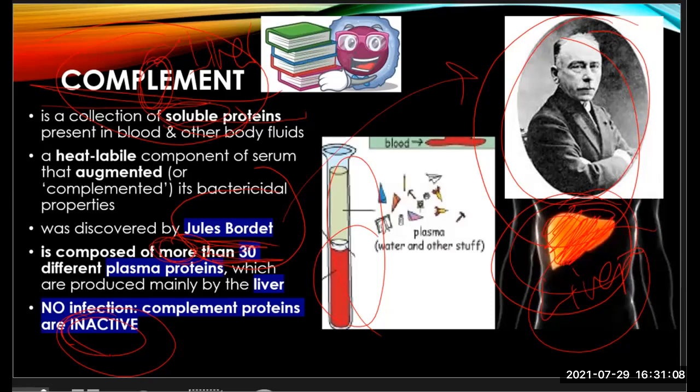Take note. But in the presence of pathogens or antibodies bound to pathogens, the complement system becomes activated. So that's the time that there is activation, in the presence of pathogens or antibody bound to pathogens.